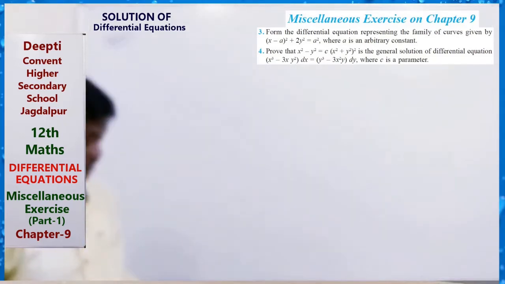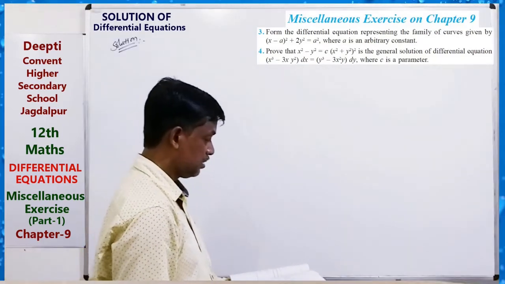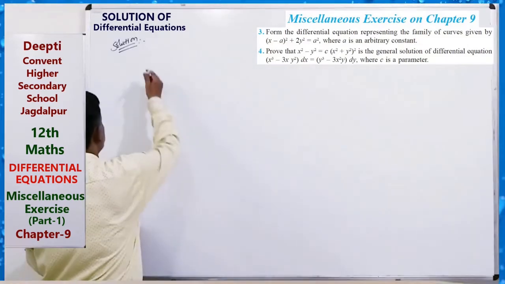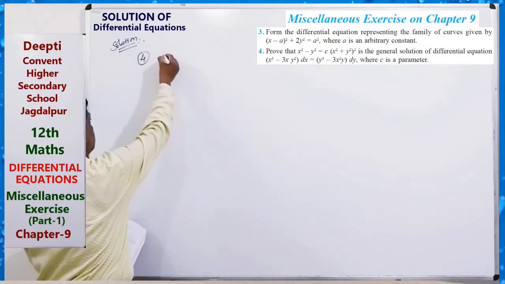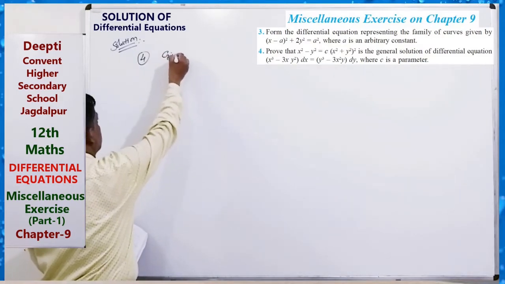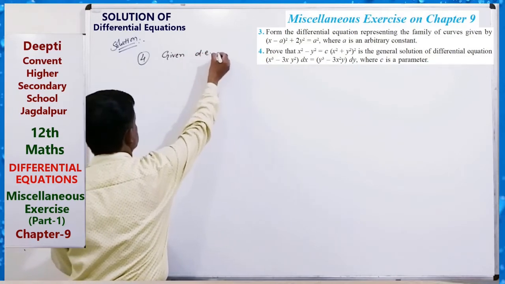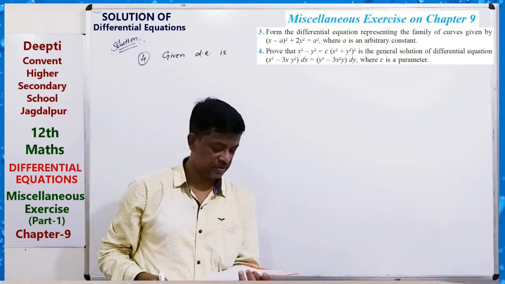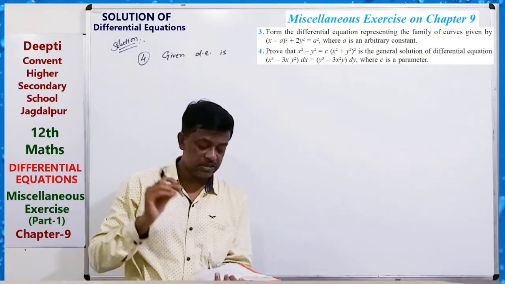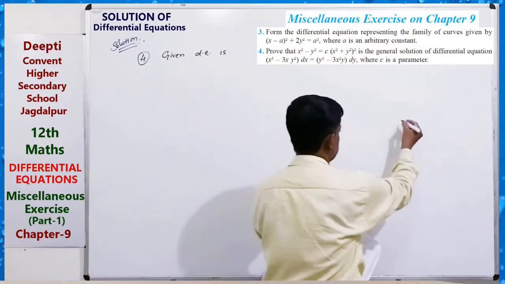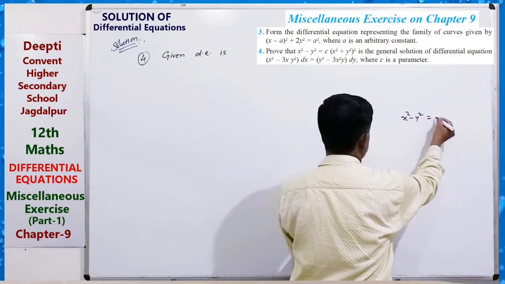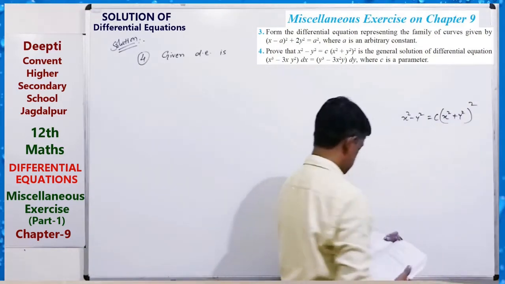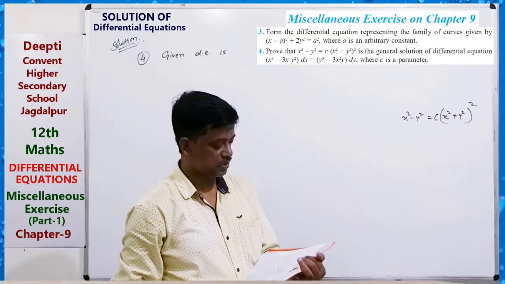So see here in question 4, the differential equation is given, and C is a parameter. Okay, prove that this is the general solution: x square minus y square equals C times x square plus y square.